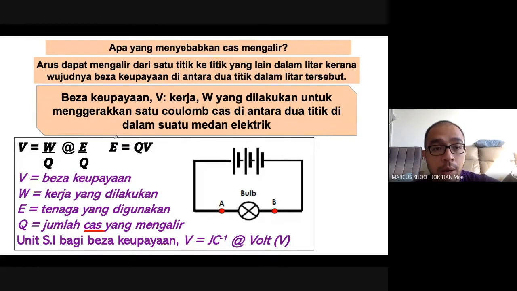And that's why we can calculate the amount of energy, or the amount of work, which is Q times V. The SI unit for voltage is joules per coulomb, because work or energy is joule, and the charge is coulomb. So it's either joules per coulomb or volt.